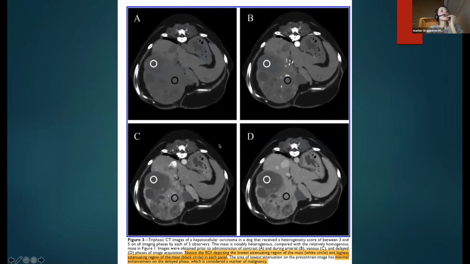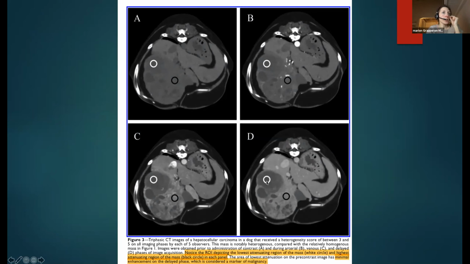Looking at some images, this is how they placed the ROI. This was a case of hepatocellular carcinoma, and you can see the variable of the lowest attenuating region of the mass depicted by the white circle, and the highest attenuating region of the mass.